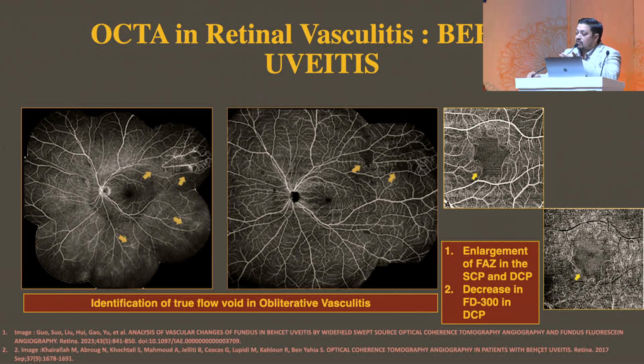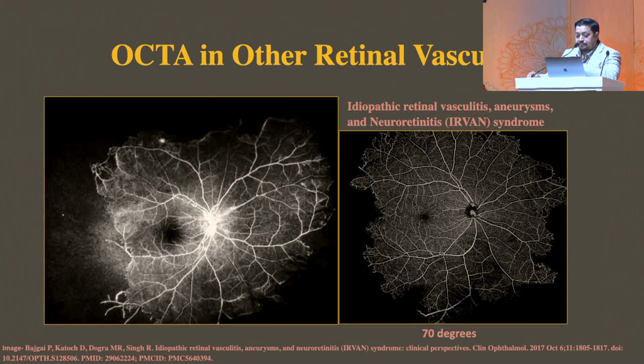And as we have evolved in time, we've understood that the decrease in the vessel density in the superficial as well as in the deep capillary plexus around the FAZ can tell us that the disease is progressing. So although clinically you can see the disease is not progressing, if this is there, it means the treatment needs to go on.